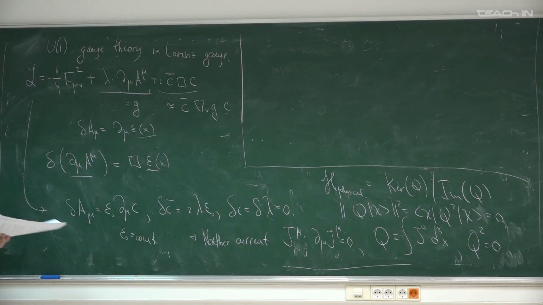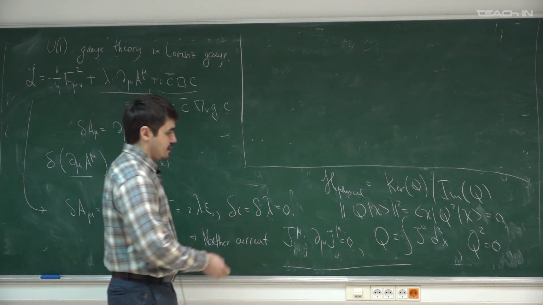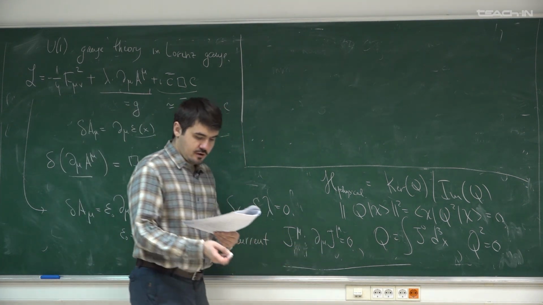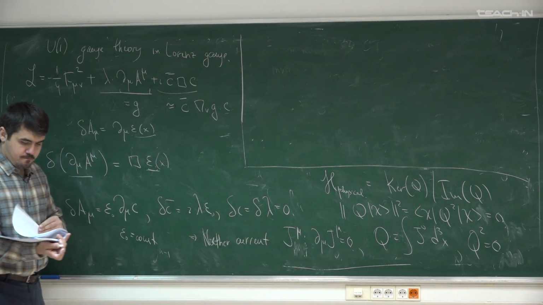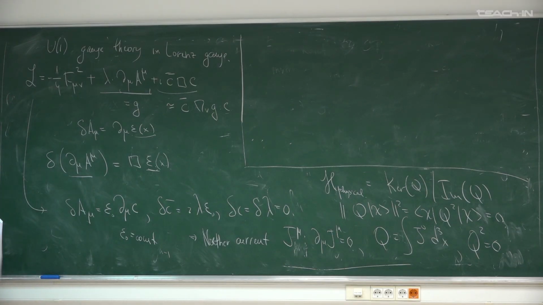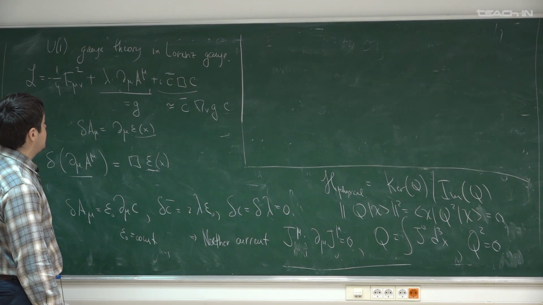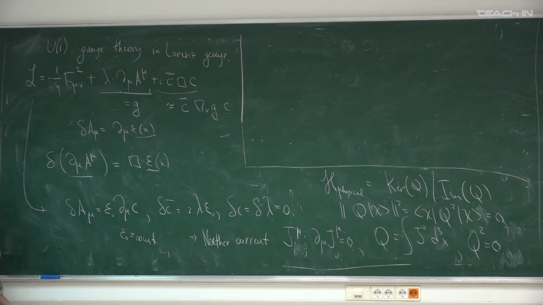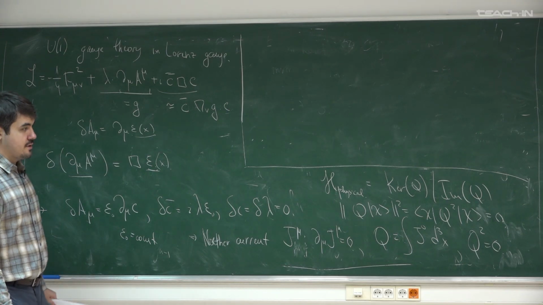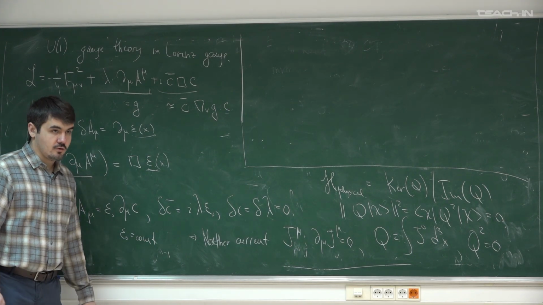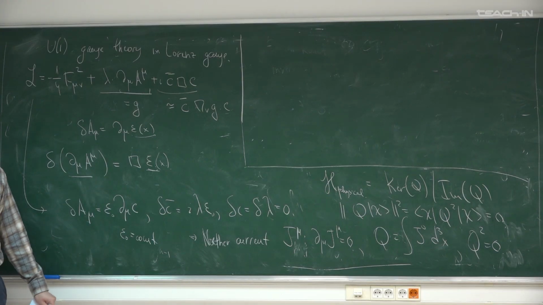So this will be just a more condensed way of describing that. Okay, so this is just a reminder about electrodynamics, because this Faddeev-Popov method or BRST method arose in non-abelian gauge theory.